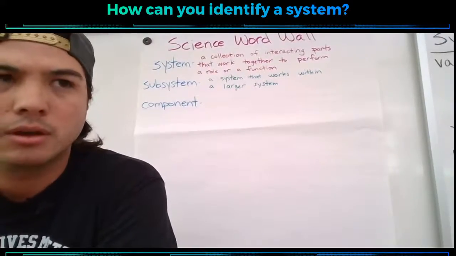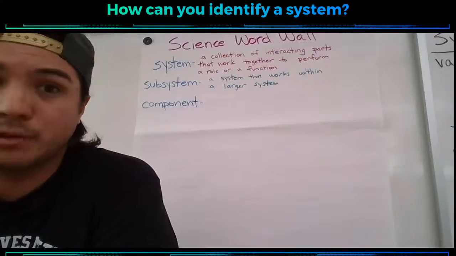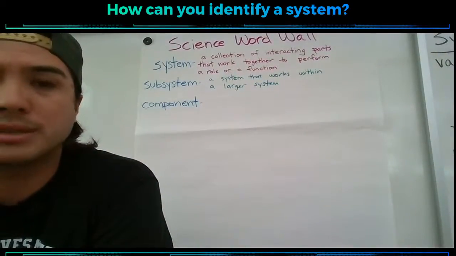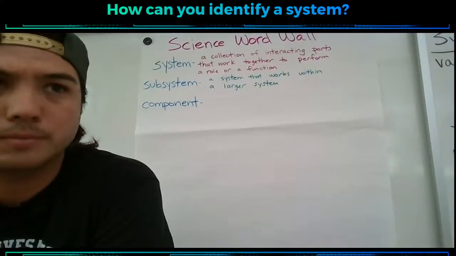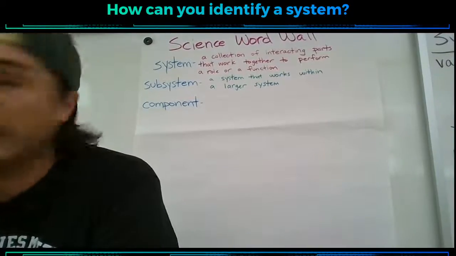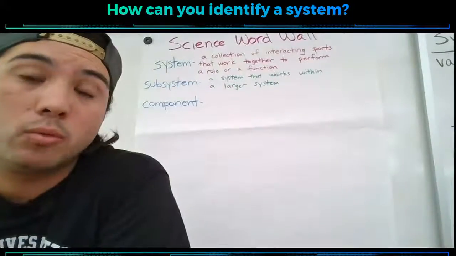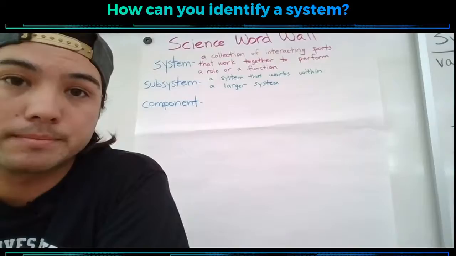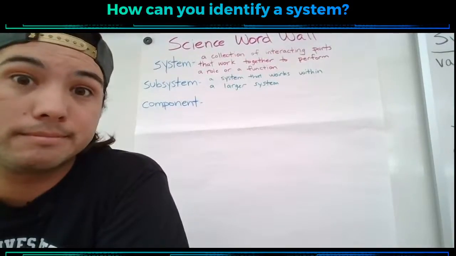So it's kind of its own collection of interacting parts that work together to perform a role or a function, but it also exists within a larger system. A great example, and one that we here in the Bay Area are familiar with, is BART. Right?